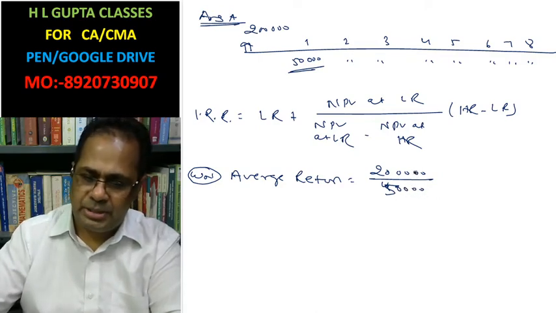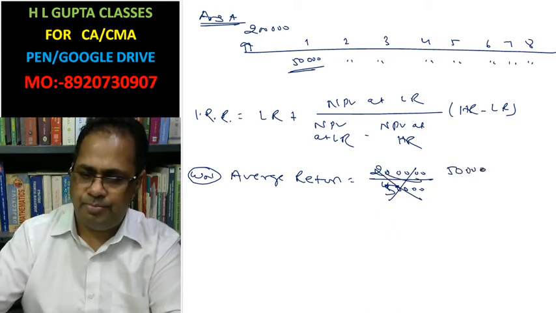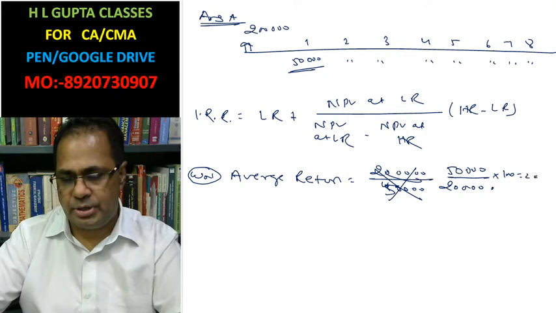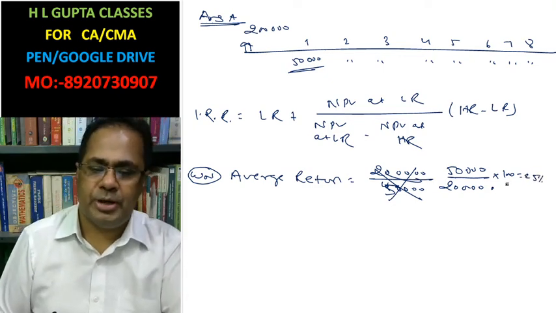So now average return is 50,000 divided by 2 lakh into 100. This is approximately 25%. Okay, now 25%.